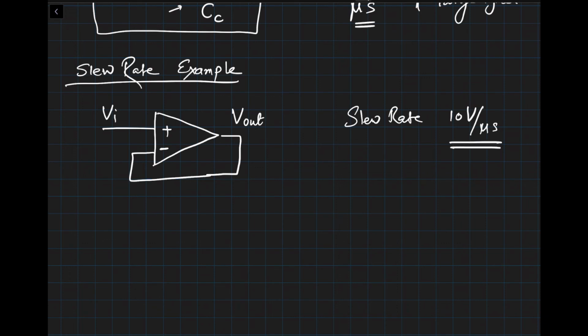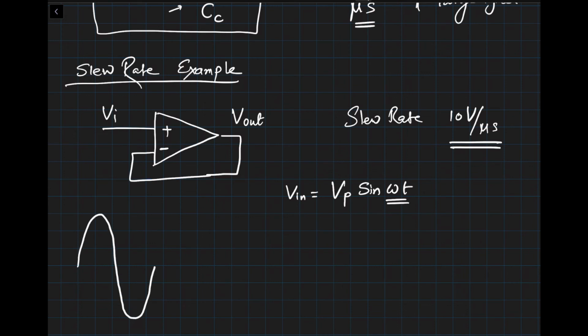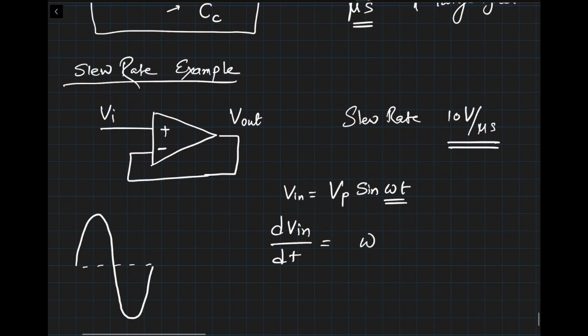Now let's say I apply V input, V input is equal to V peak sine omega t. Let's say this is a sine wave that's going in, and we can figure out dV in. Derivative of sine omega t with respect to time would be omega cos omega t times Vp.